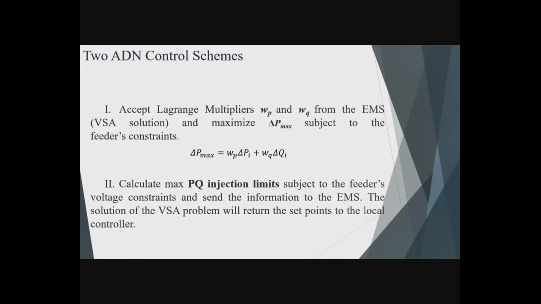In the second one, we can calculate a priori the active and reactive injection limits subject to the feeder's constraints and provide this information to the EMS, so it can solve the voltage security assessment having this information, and after solving can provide the set points to the local controller. In the case studies that were studied in this work, both schemes provided the same results.